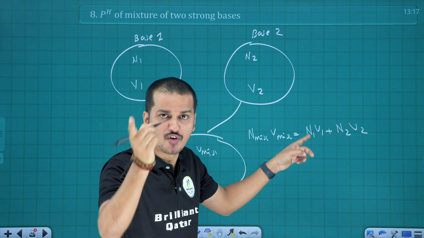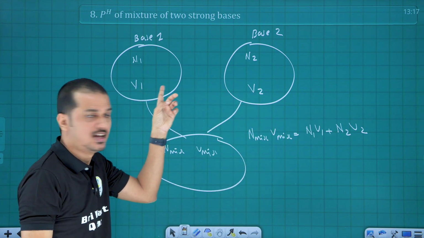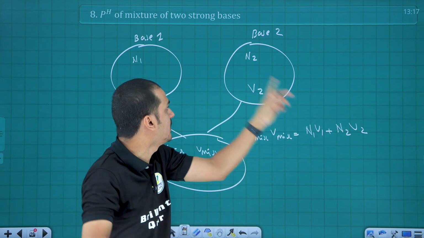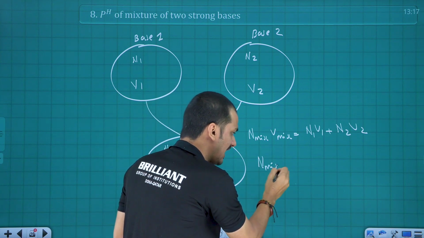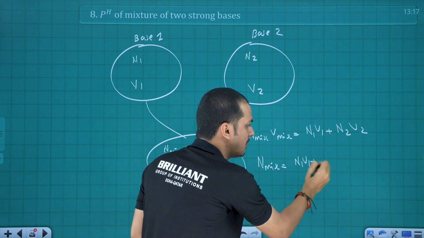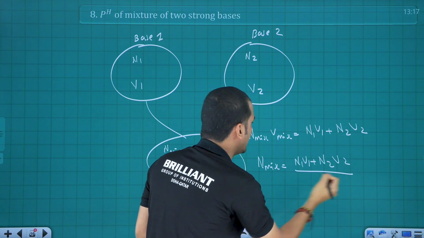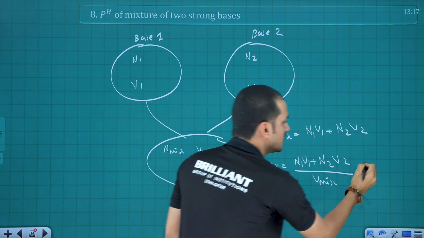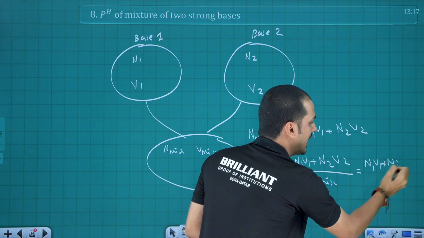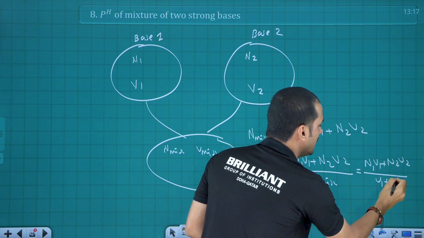N1 is the concentration of OH minus in the first base and N2 is the concentration of OH minus in the second base. Then what is N mix? N mix equal to N1 V1 plus N2 V2 divided by V mix. What is V mix? So, N1 V1 plus N2 V2 divided by V1 plus V2.